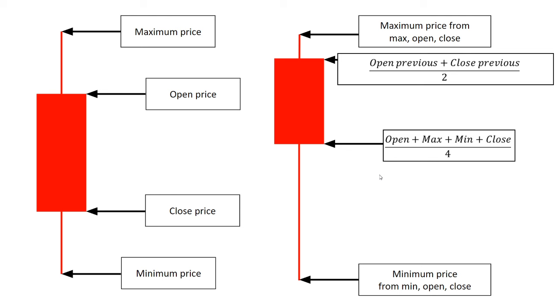But the point of Heikin Ashi is that it smooths out the price movement, so it is easier for us to identify a clear, strong trend, and it also helps us determine when the trend is ending or changing.